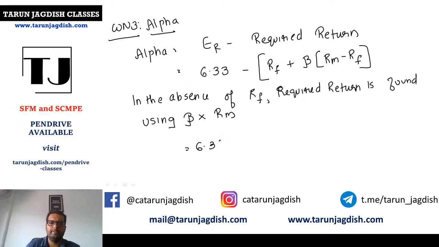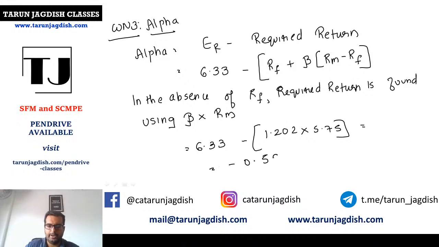So the formula would be 6.33 minus 1.202 into 5.75. Okay. Minus 6.33. I'll get the alpha as minus 0.58.